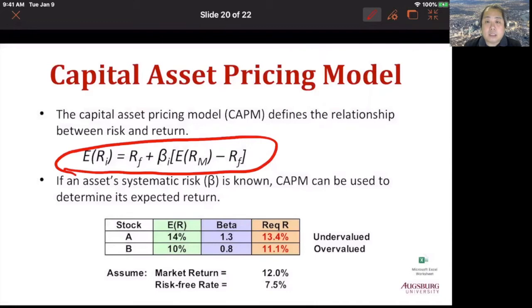This model is the capital asset pricing model, called CAPM. CAPM is one of the most famous and popular asset pricing models in finance.